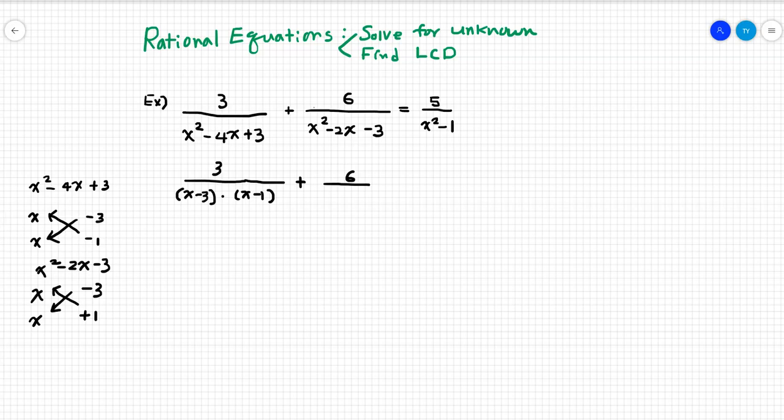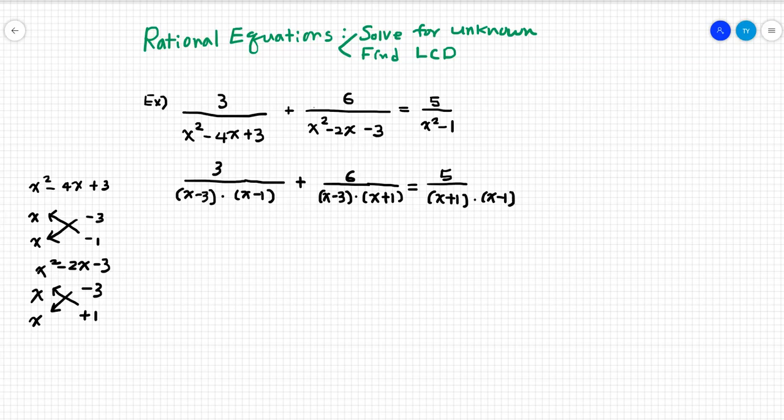So you will get minus 2x in the middle. If I rewrite it in factor form, I have x minus 3 times x plus 1. And it is equal to 5 over, now x squared minus 1 is a difference of squares, so we're going to write it as x plus 1 times x minus 1.